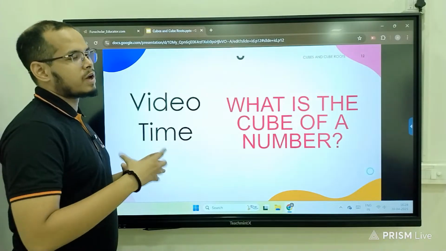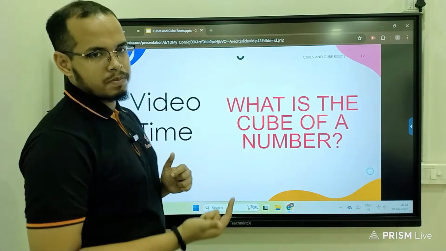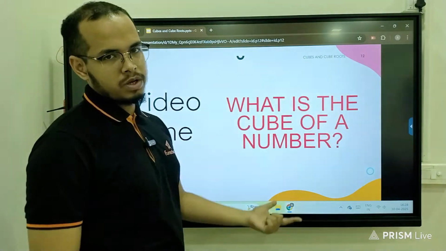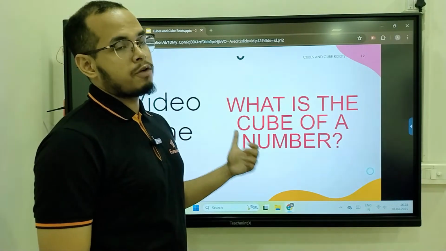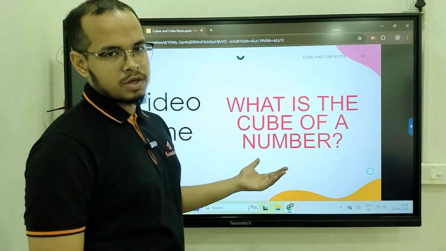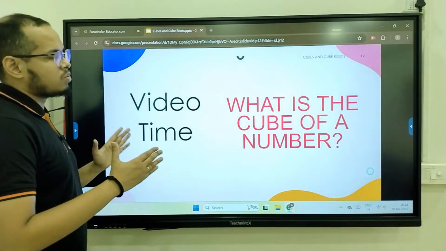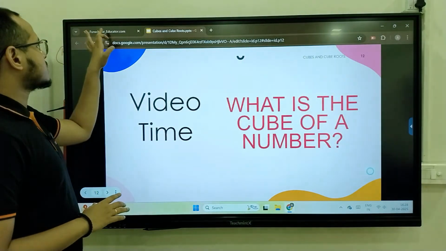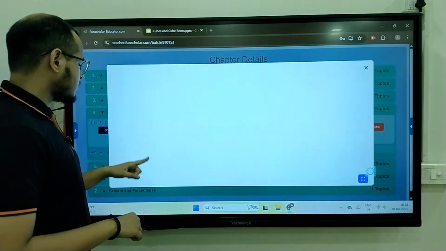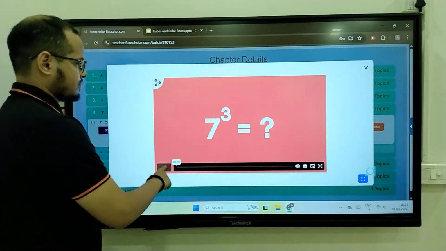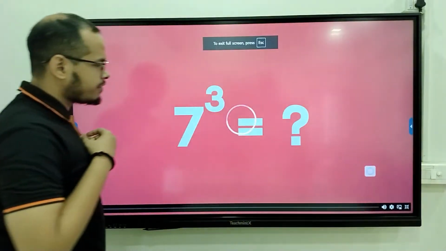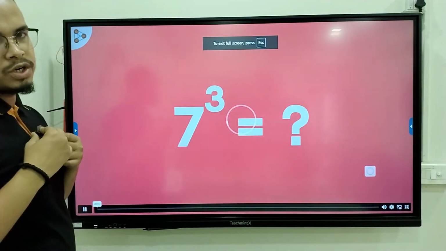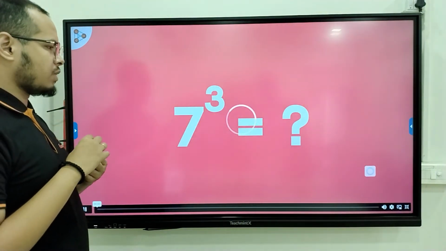How can you define what number you have to multiply it by to make sure it is going to be a cube? What number you have to divide it by to make sure it is a perfect cube? Okay. Now we'll understand what is the cube of a number. Very basic, very easy. Okay. Let's give it a shot. This is a very basic video, guys. You can watch it in 2x speed as well, wherever you have it.